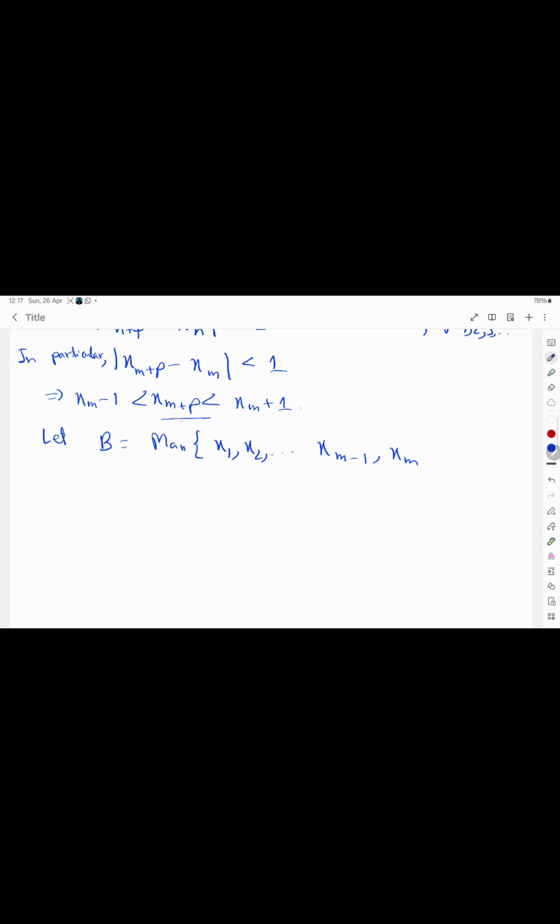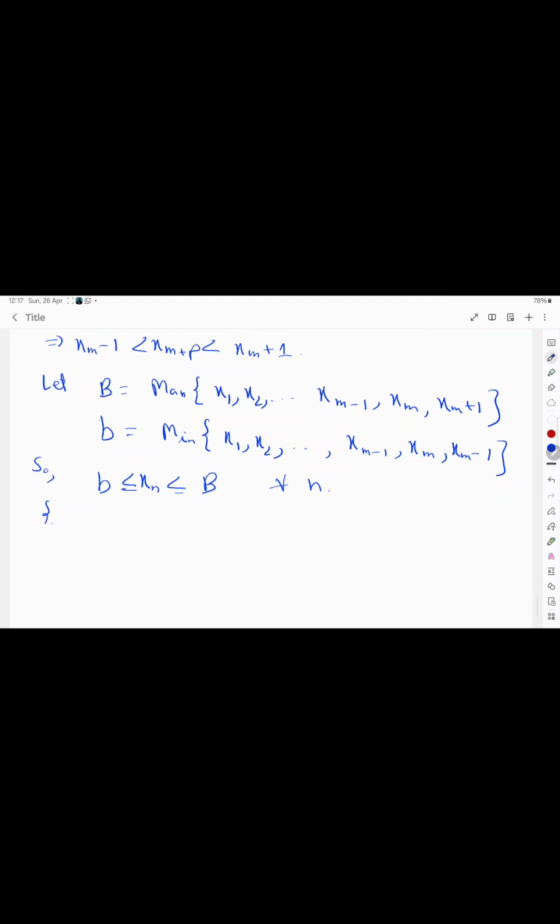Whenever your m plus 1, m plus 2 are in this bracket, that will be the upper bound. And if you consider b equal to the min of the same thing, we have done this earlier also. So your xn is less than or equal to B and greater than or equal to small b for all n. So you have xn is bounded.